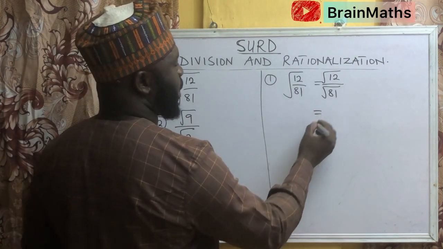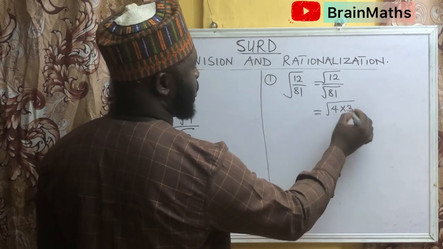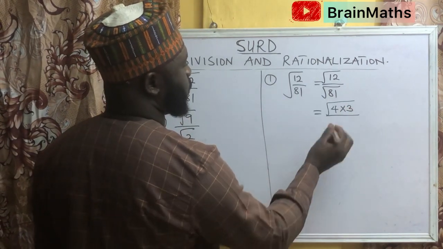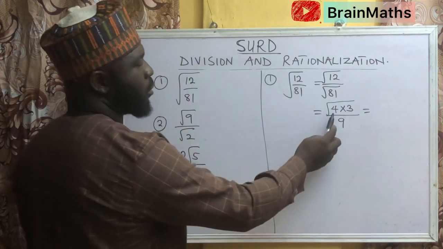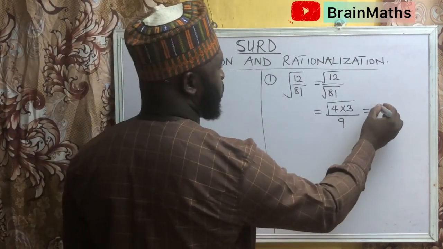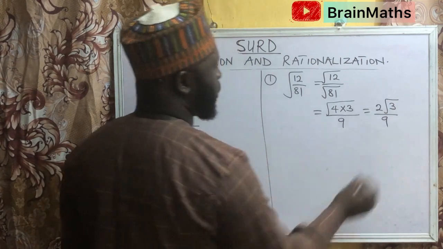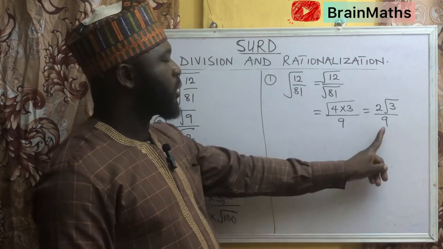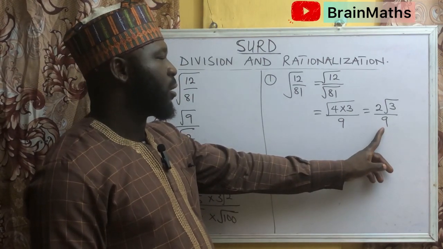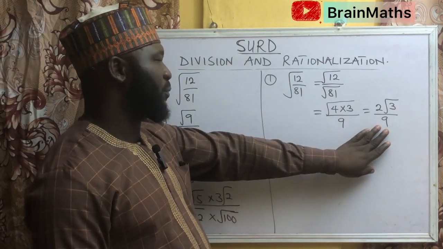Root 12 can be rewritten as square root of 4 times 3 over, what is the square root of 81? That is 9, which is equal to the square root of 4 is 2, root 3 over 9. Now, if you look at this answer on the board, you will see that there is no square root in the denominator, so this answer is perfect.